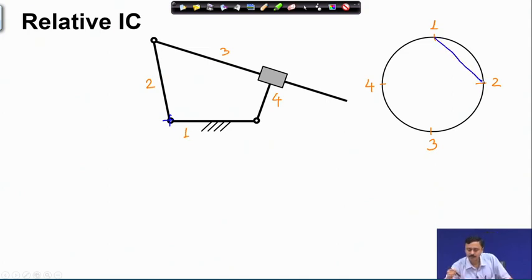So, I 1 2 is known, I 2 3 is also known, I 1 4 is also known. Now, I 3 4 must lie on this line which is perpendicular to the sliding direction.